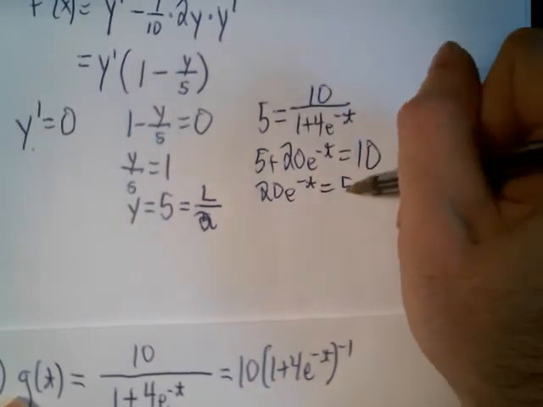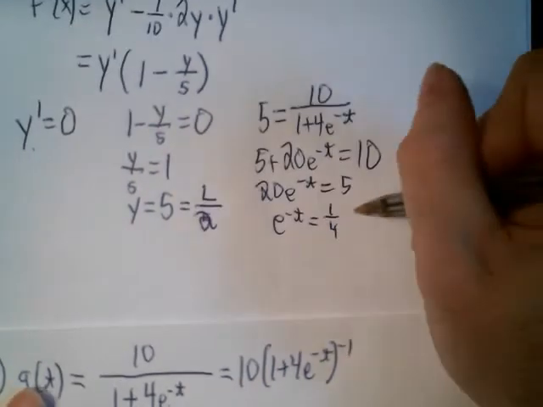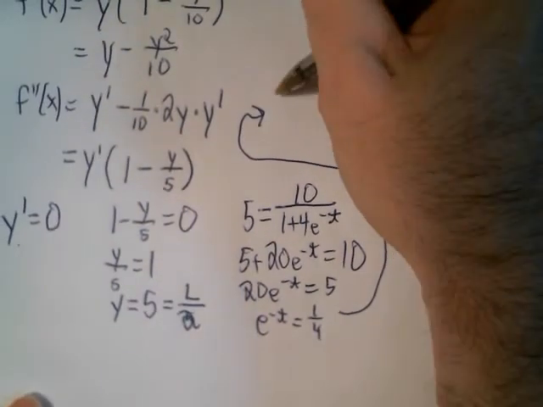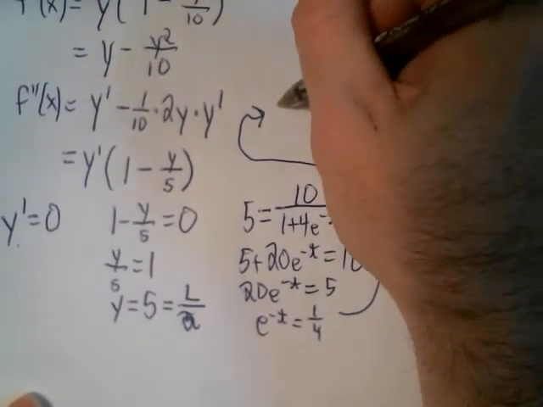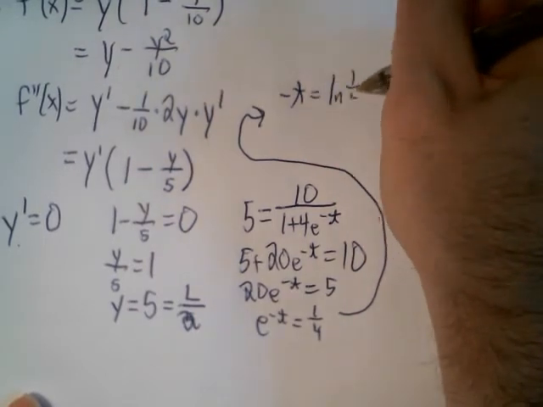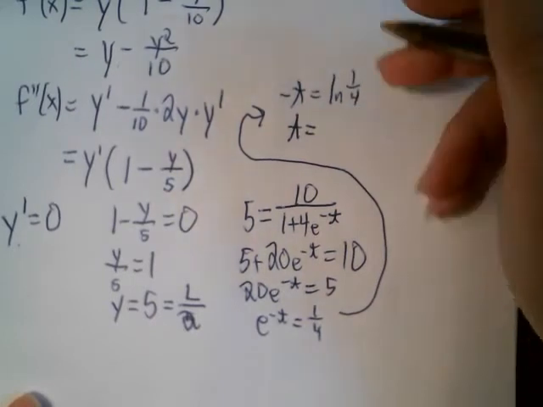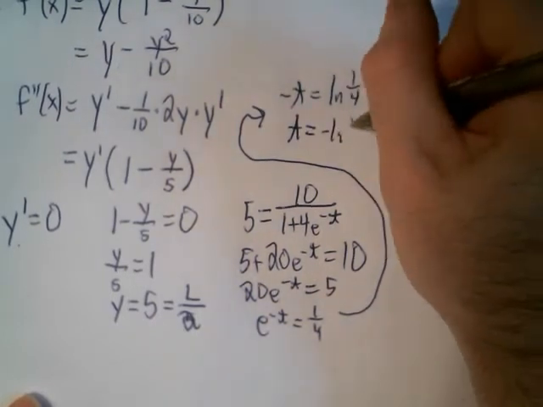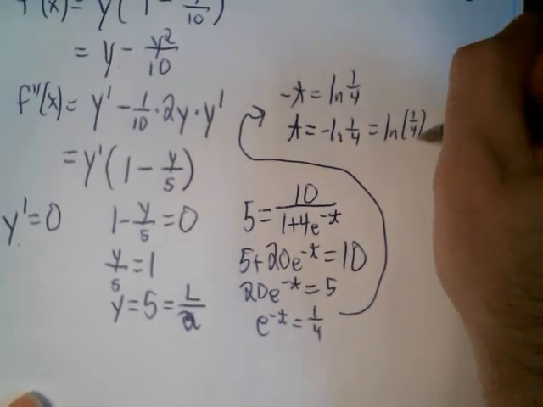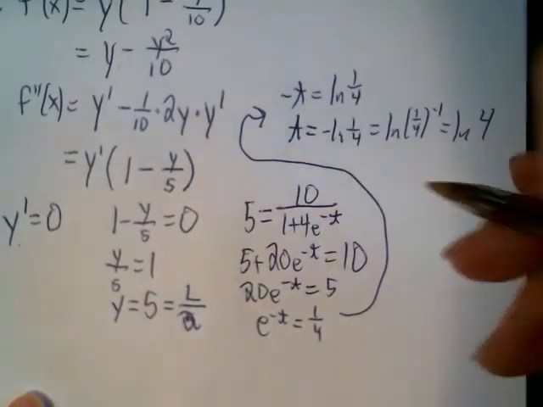You get 20 e to the negative t equals 5, so e to the negative t equals 1/4. We got an exponential equation. Take the logs of both sides. So you get negative t equals ln of 1/4. Multiply both sides by negative 1. Do a power rule, so bring the negative inside the logarithm. And you get ln of 4 as our inflection point.